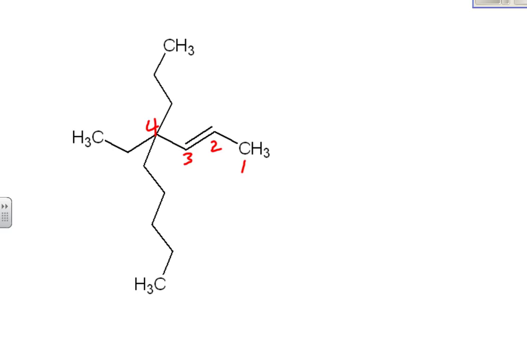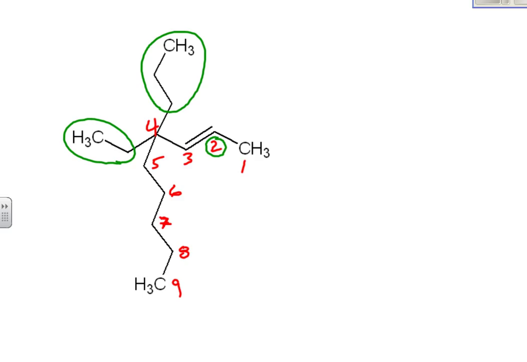And obviously down has the most carbons, so we'll go 4, 5, 6, 7, 8, and 9. So we have a double bond at the second carbon. We have an ethyl group at the fourth carbon, 2 carbons. And we have a propyl group also at the fourth carbon.